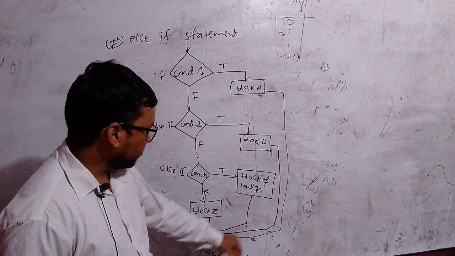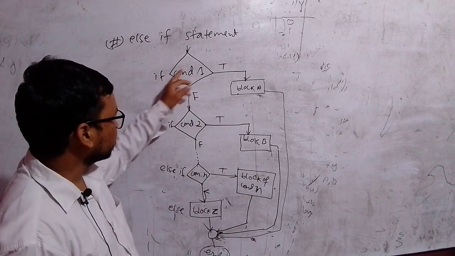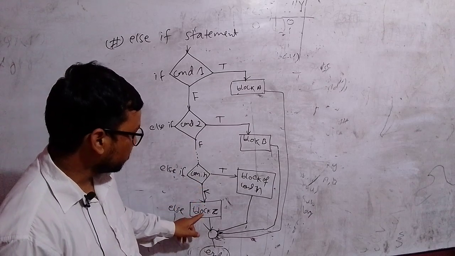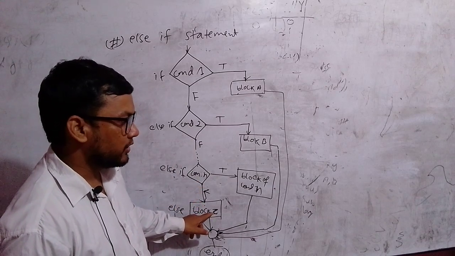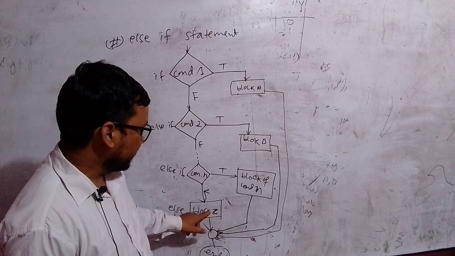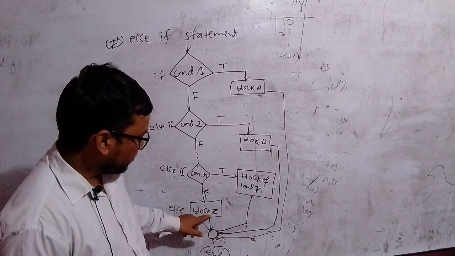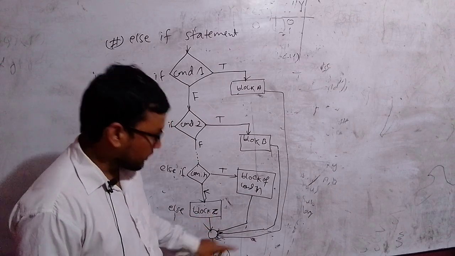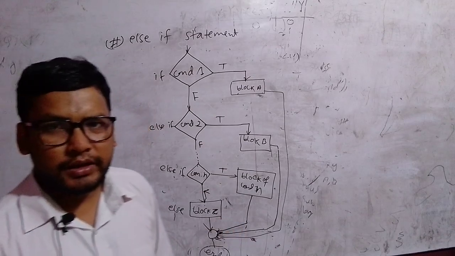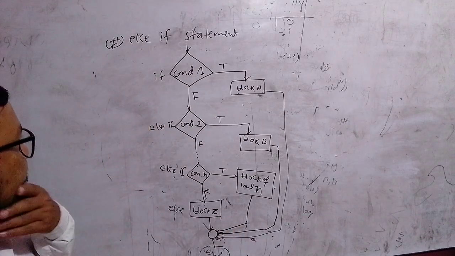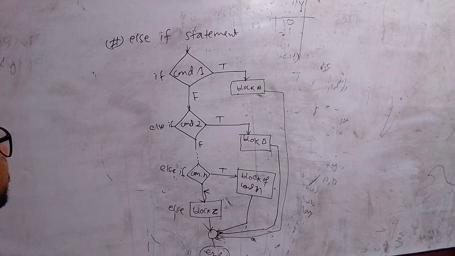And similarly check all the conditions. If all of the conditions do not satisfy, then it will go to block Z. That means the block of code of the else statement will execute and it goes to the end. In this way, the else if conditions will work.